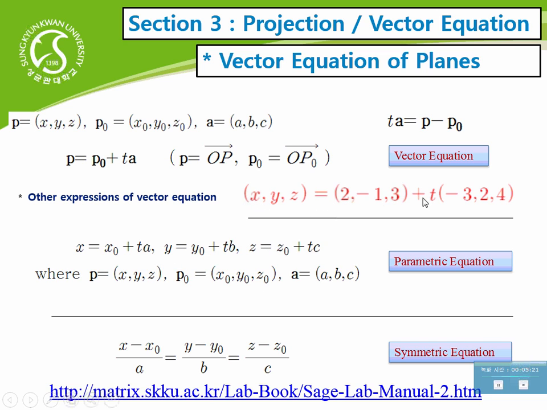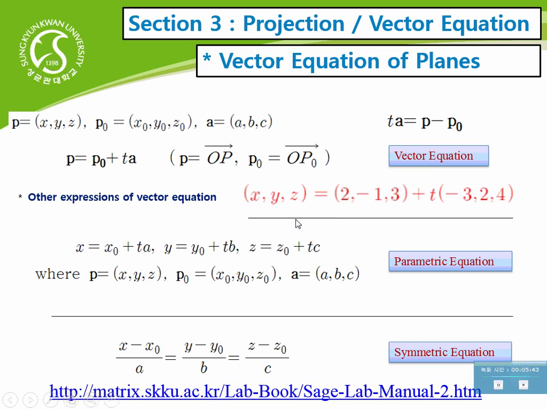x equals 2 minus 3t, y equals minus 1 plus 2t, z equals 3 plus 4t, like this. In this case, P, P0, and A were given like this. So these two are equivalent.